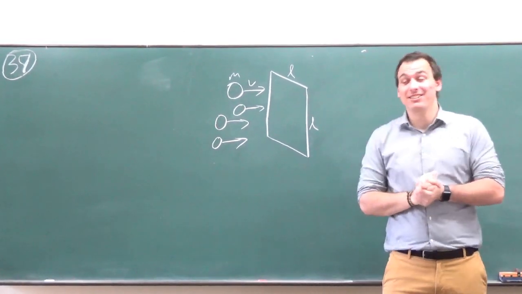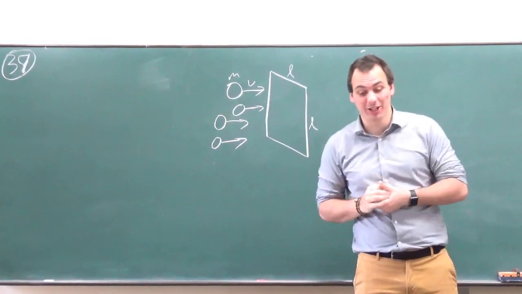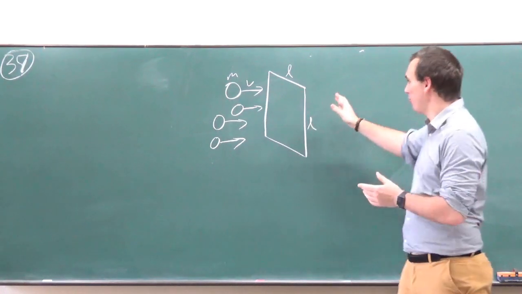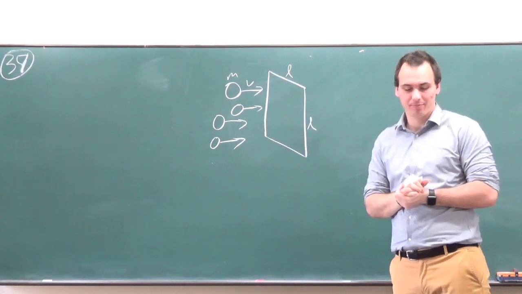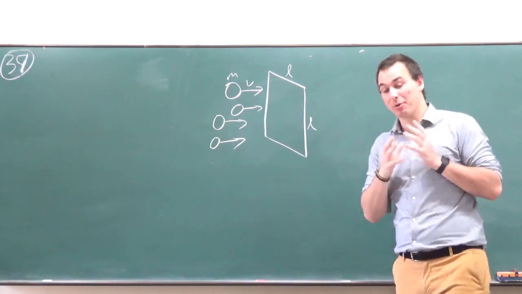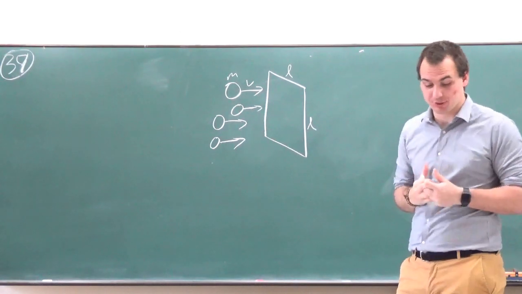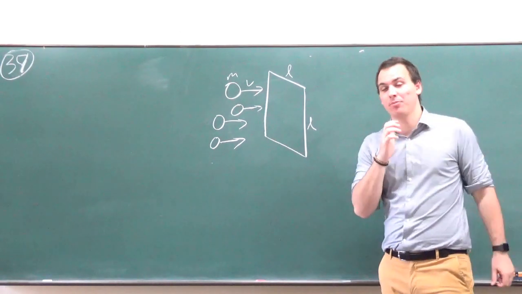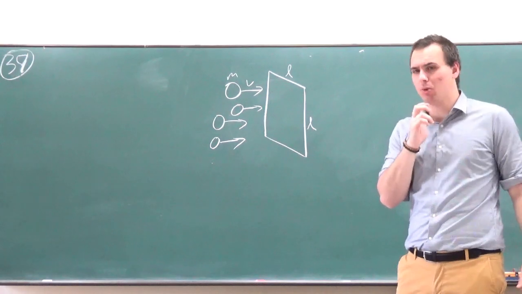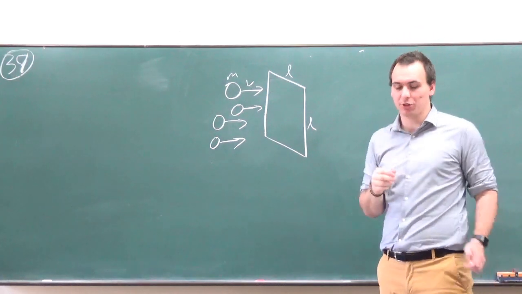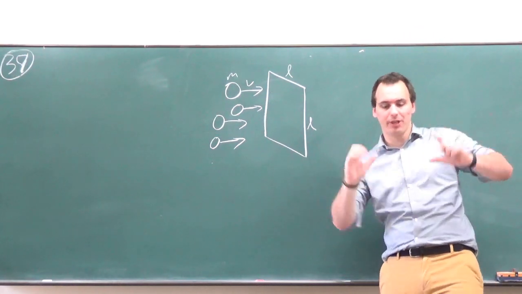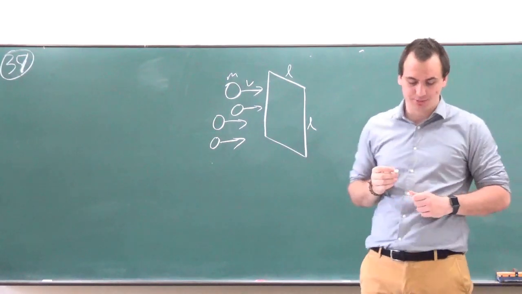Last but not least, we have problem 39 that involves this diagram. Now, I'm going to read this problem in English first. Answer the appropriate phrase or expression that goes into the blanks of each sentence.